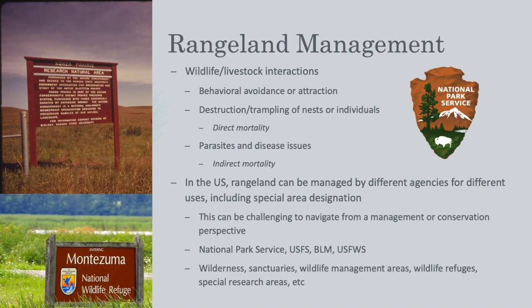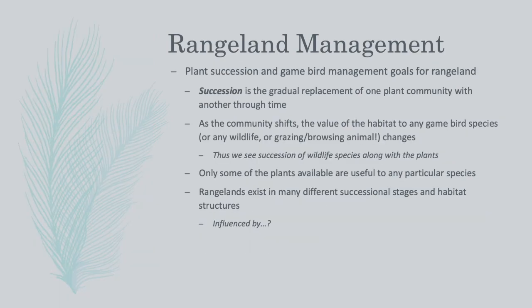So let's think a little bit about the context of succession in range. So plant succession and game bird management goals for rangeland. Succession is the gradual replacement of one plant community with another over time.